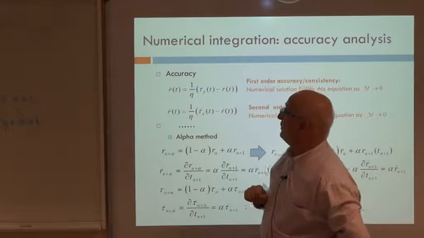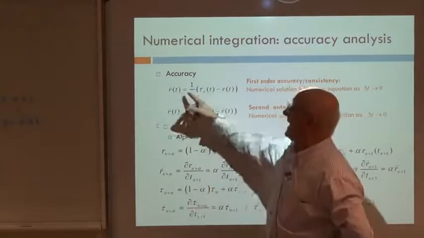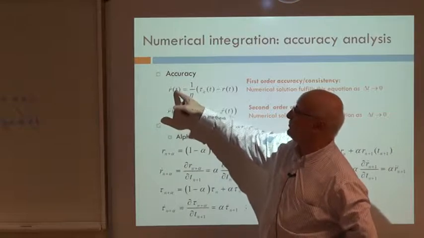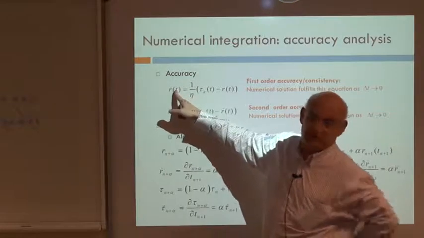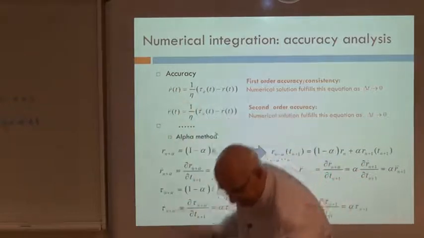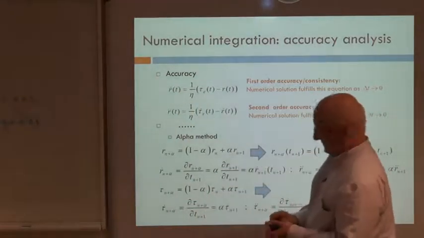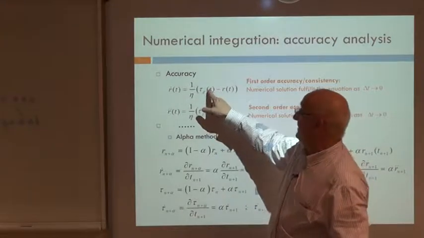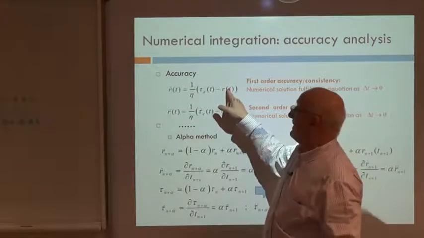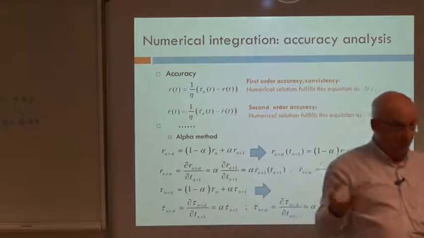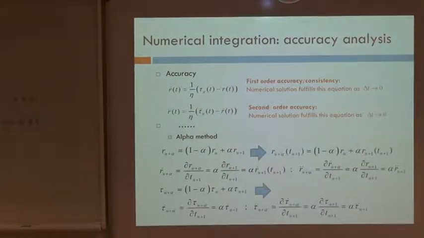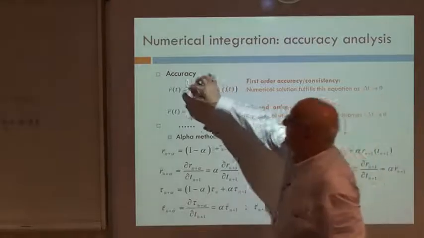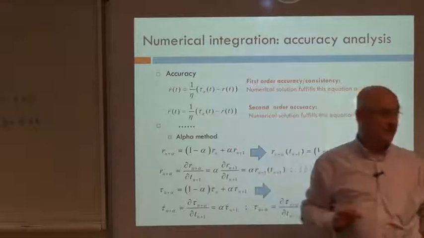So we expect that when we replace the solution we have obtained at a certain time here, and we replace consistently at the same time this and that, in the limit when delta t tends to 0, that equation is exactly satisfied.